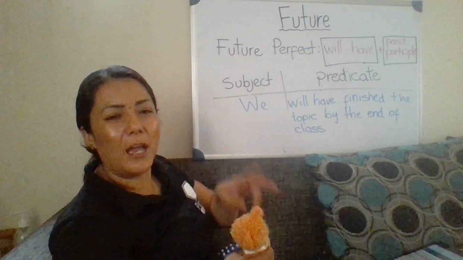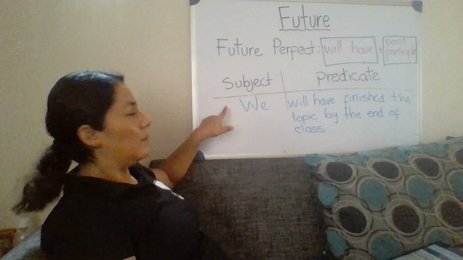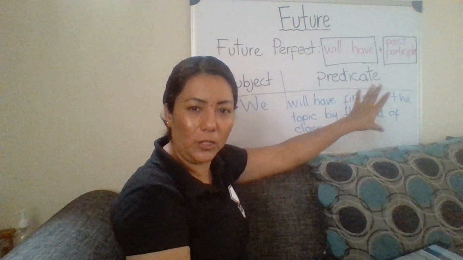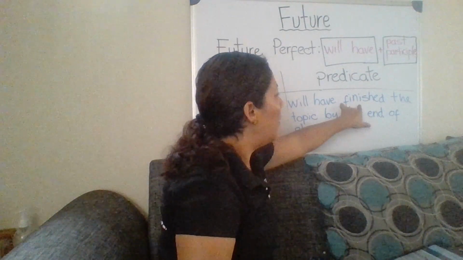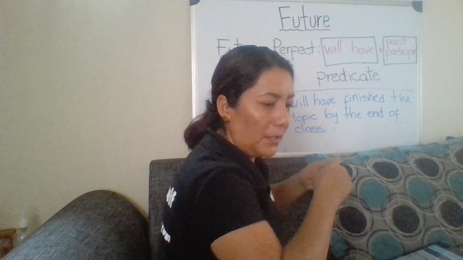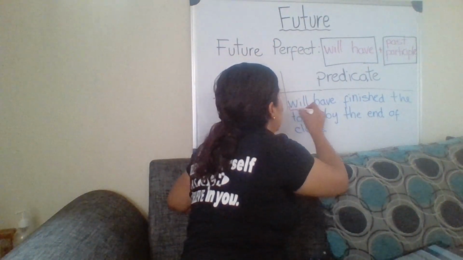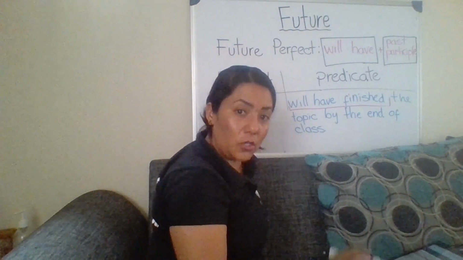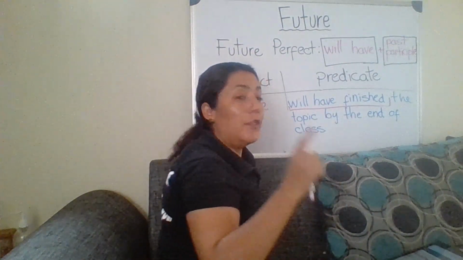That might be confusing, but look at my sentence here. Subject, we. Predicate, all this. We will have finished. That is our grammar structure. I'm not using blue, I'm using a different color. We will have finished the topic.